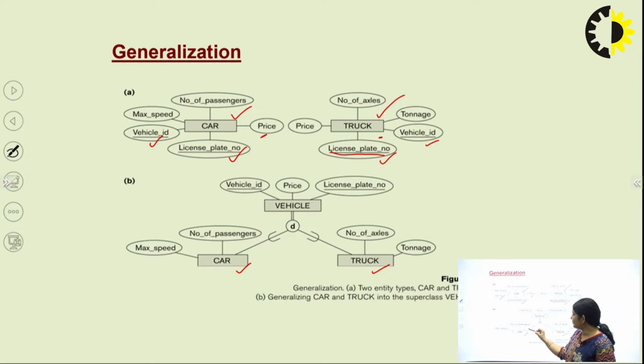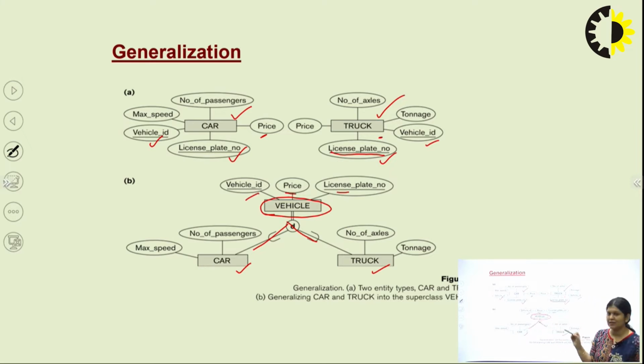Then we can merge them into a superclass, that is the vehicle, and it would have the common attributes: vehicle ID, price and license plate number. This is called generalization. Generalization is bottom up.